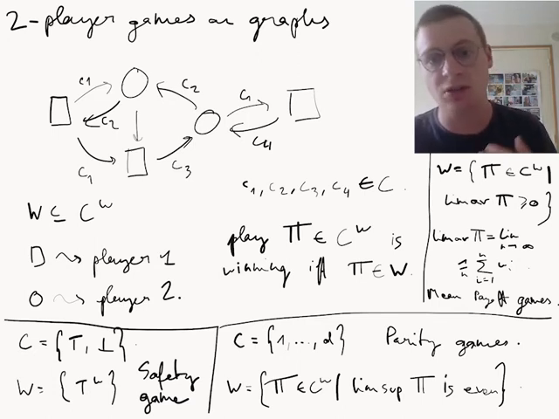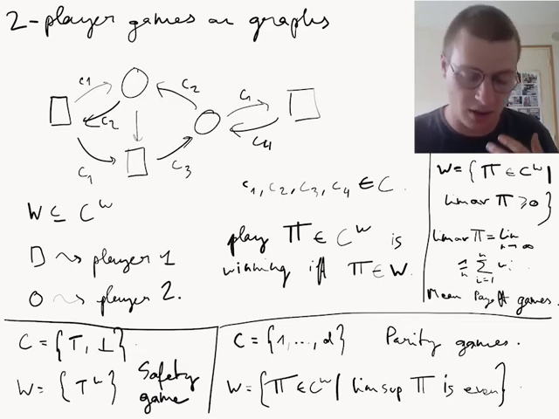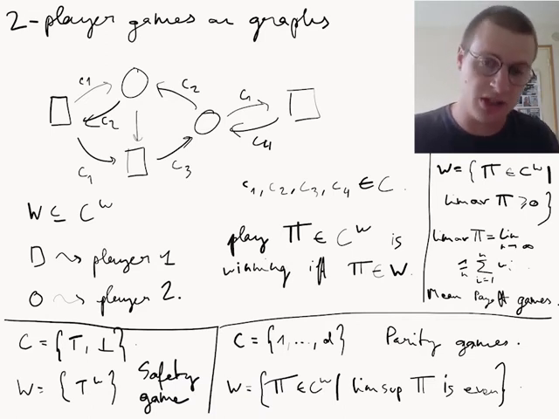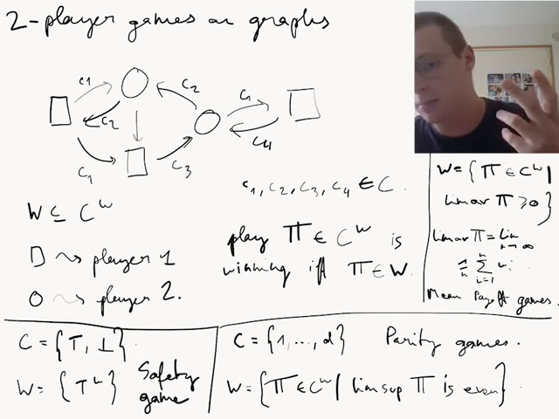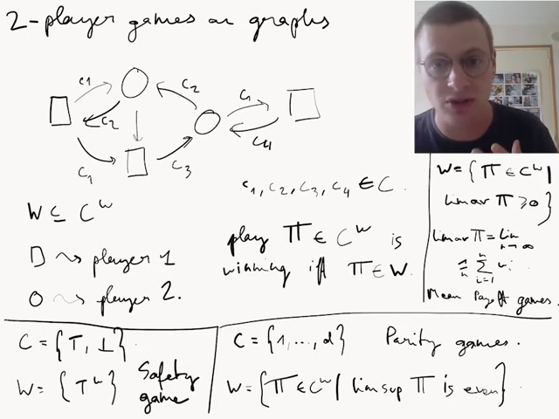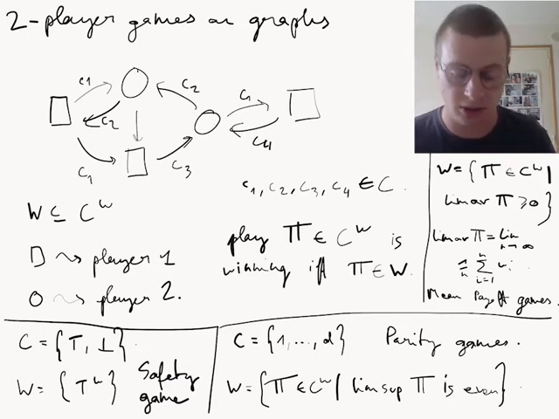This means that the player who wins can also win with a positional, or memoryless, strategy. When the token is in some vertex, he can always play the same successor and still win with such a strategy. So these are positionally determined objectives.